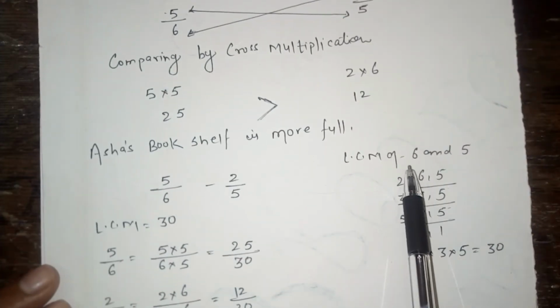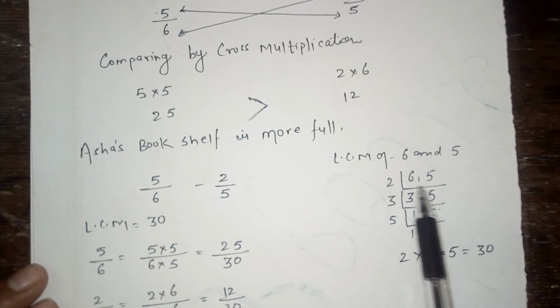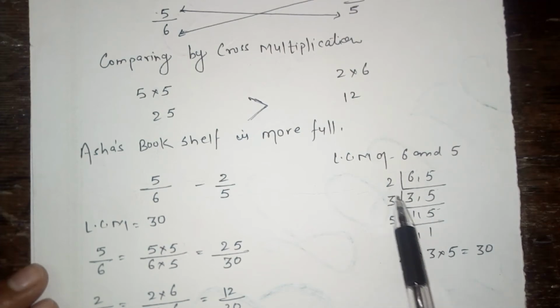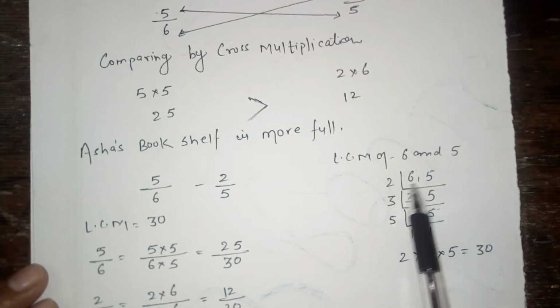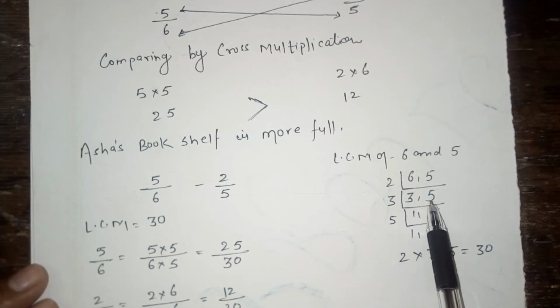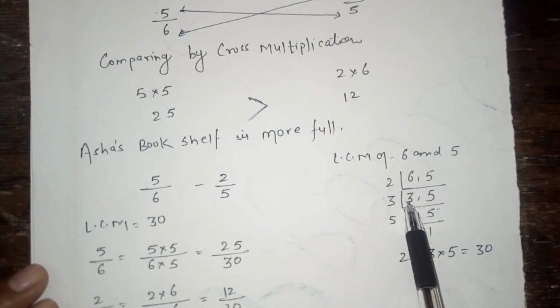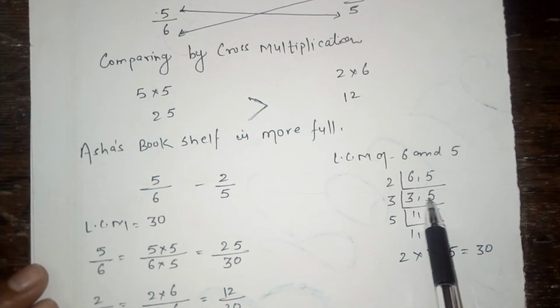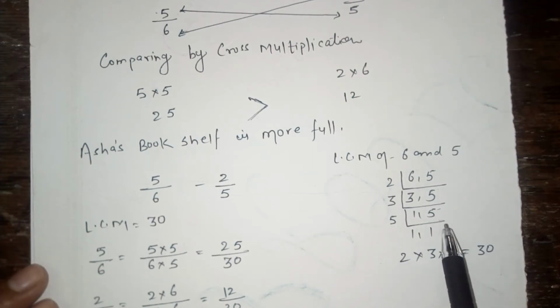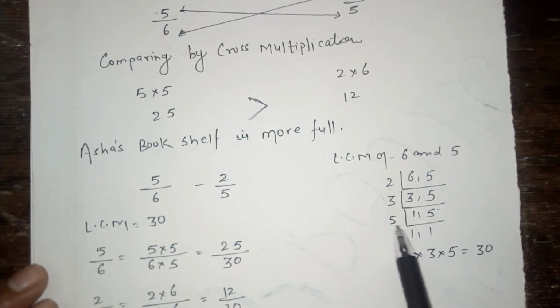You know very well, for the LCM of 6 and 5, 6 is divided by 2, it will give you 3. 5 is not divisible by 2, so we take the same number here. 3 divided by 3 gives 1. And 5 is not divisible by 3, so 5 stays here. Again 5 divided by 5 gives 1.